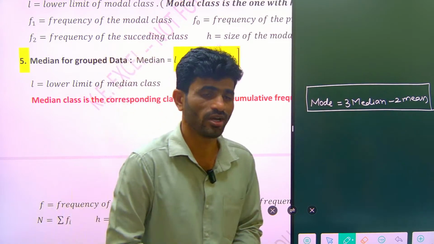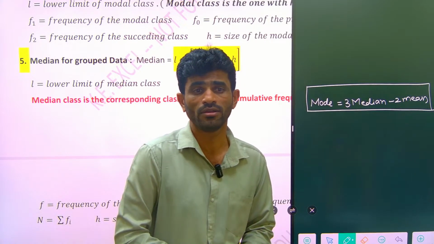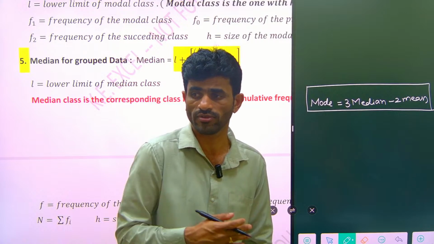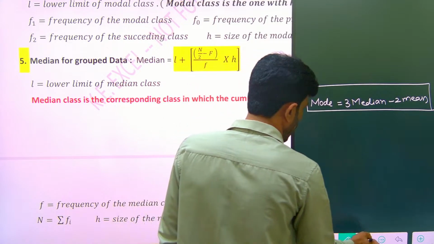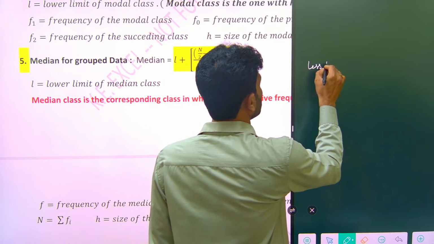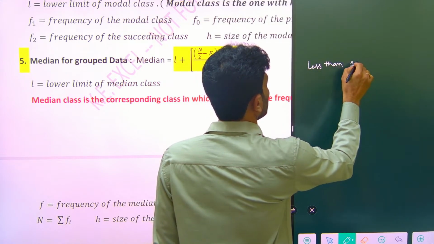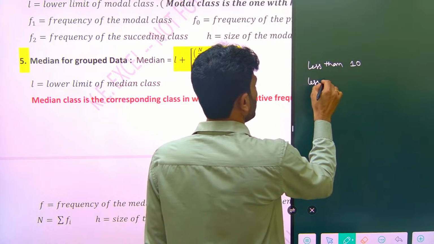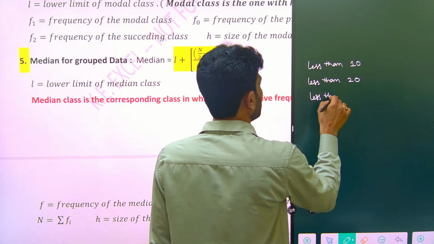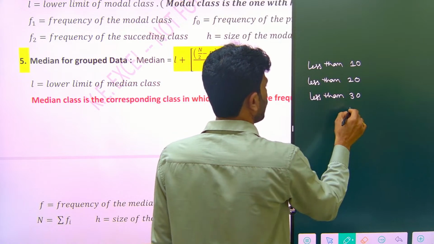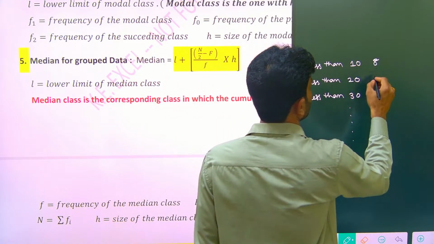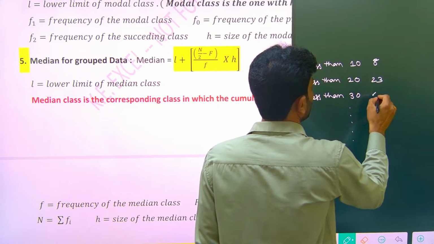Here, one more thing. Sometimes the data will not be given with class intervals directly like 10 to 20, 20 to 30, 30 to 40, 40 to 50. How will data be given sometimes? Less than 10, less than 20, less than 30, and so on, with frequencies given like 8, 23, 40.